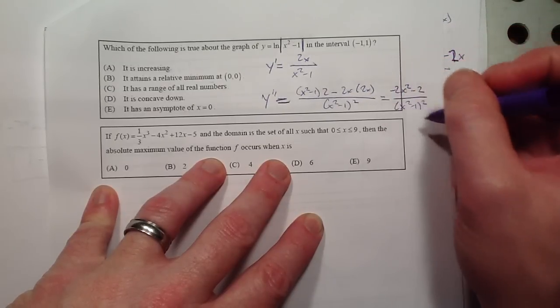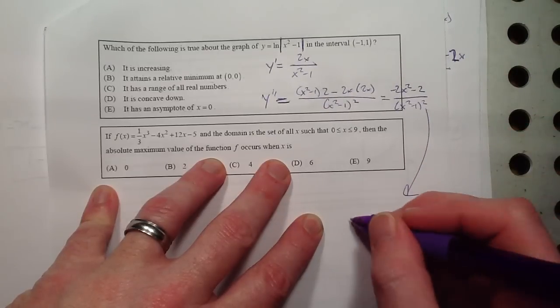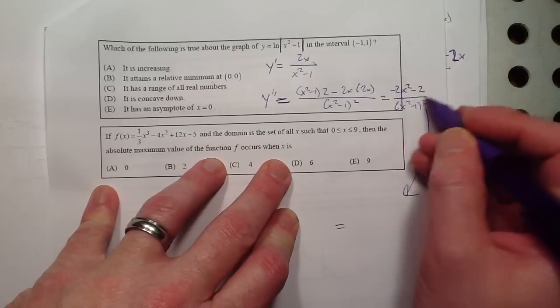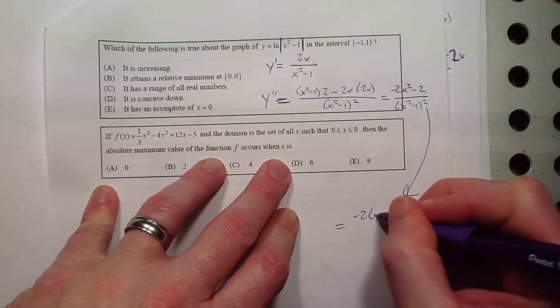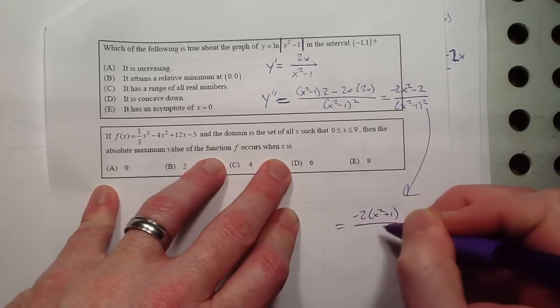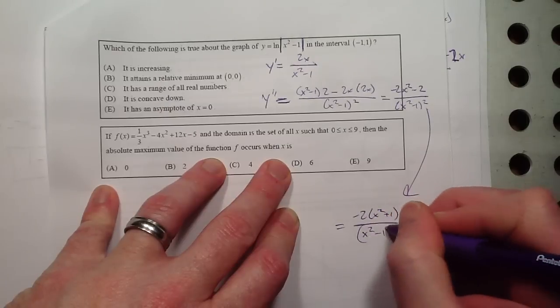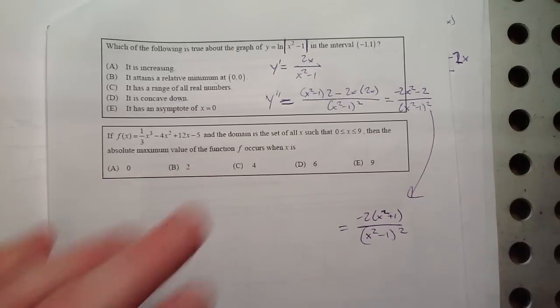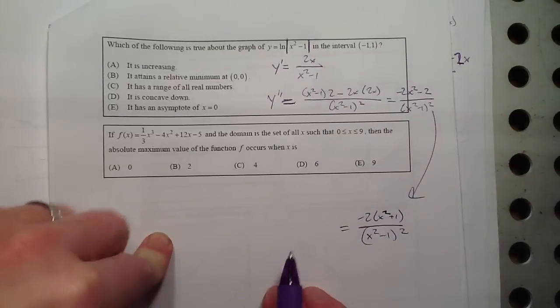And I will simplify one more step. I'll bring that down here, sorry. So I'm just going to factor the negative 2 at the top. All right, so I got my derivative, second derivative.